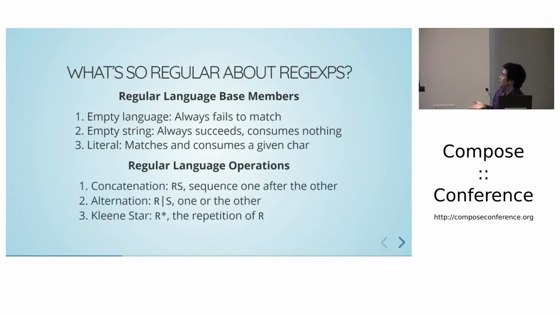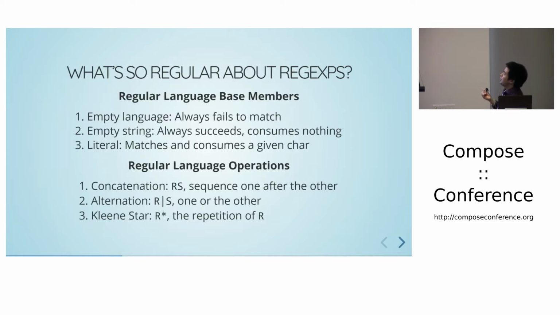We're going to simplify it a little bit and say that a regular language can be inductively defined from 3 base elements and 3 operations that are subject to some laws and how they are equivalent.